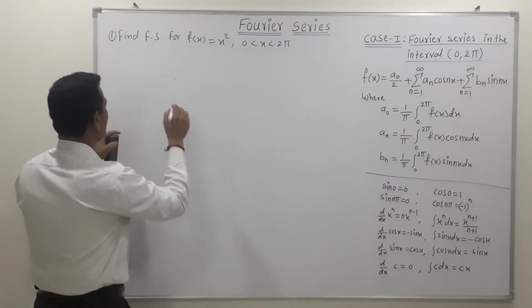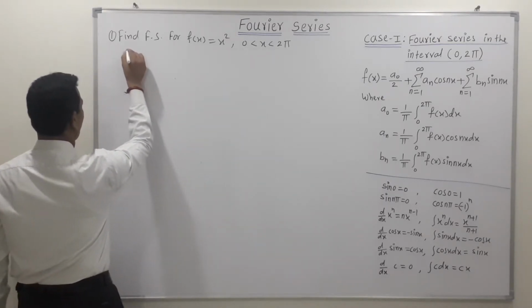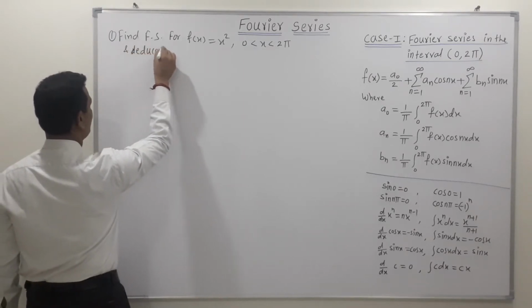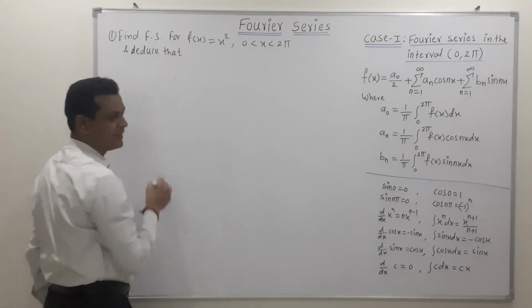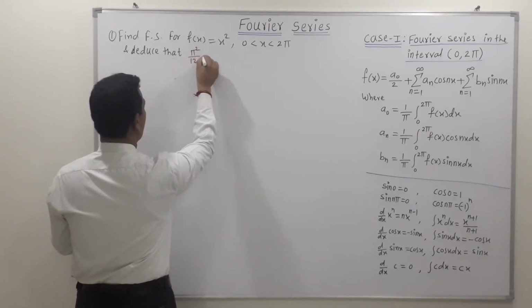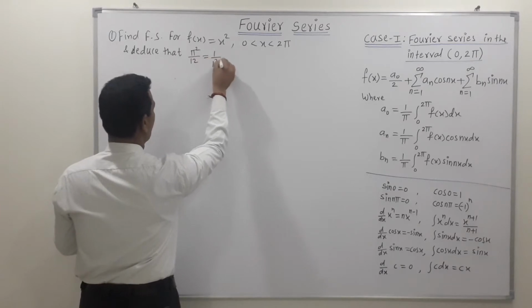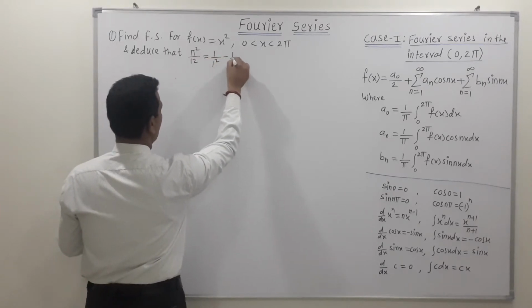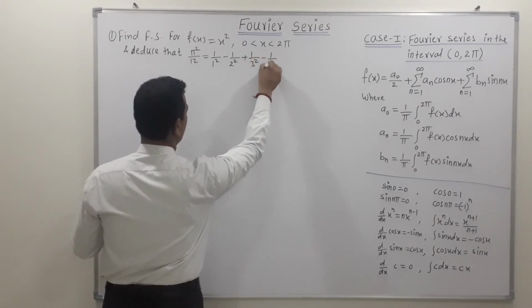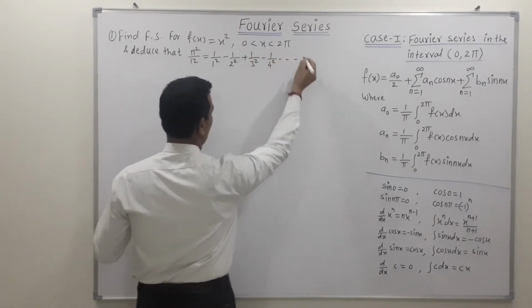Now this is the question, and deduce that pi square upon 12 is equal to 1 upon 1 square minus 1 upon 2 square plus 1 upon 3 square minus 1 upon 4 square and so on.